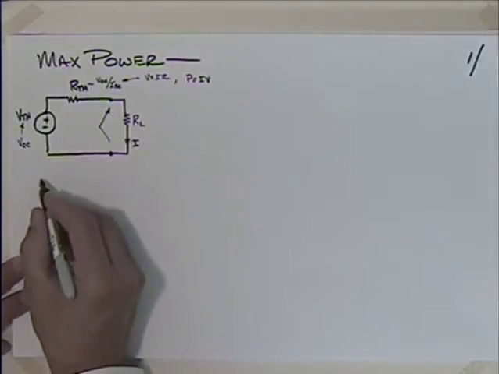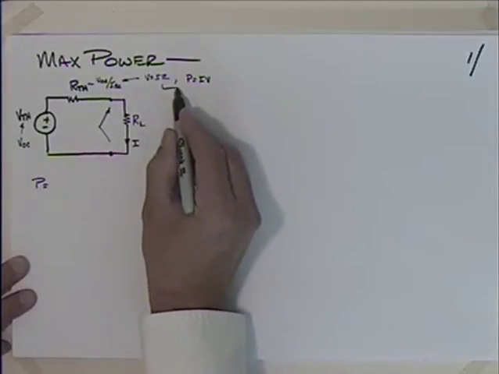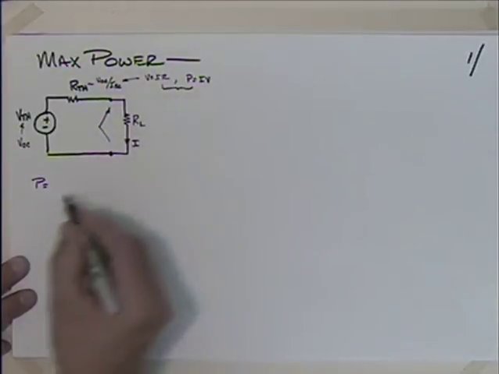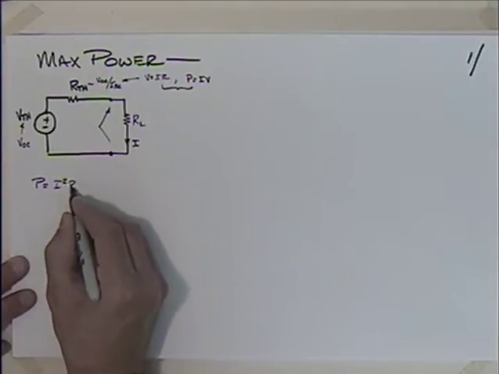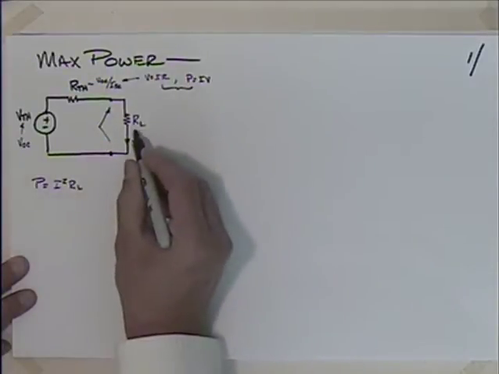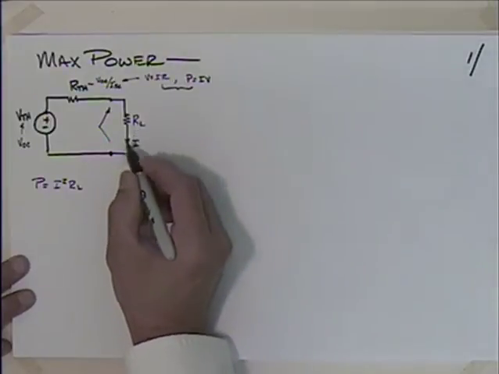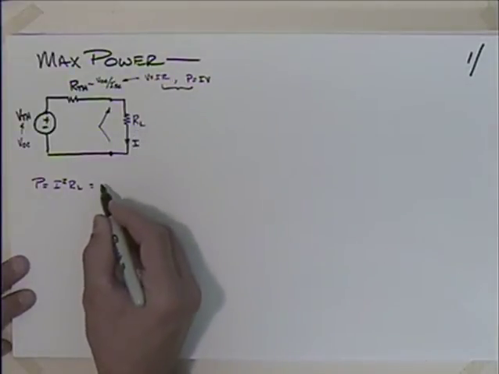So I'm going to say then that the power, having combined these two, is equal to I squared times the resistance, and I will use R sub L for that. And I'm going to make some substitutions on this.